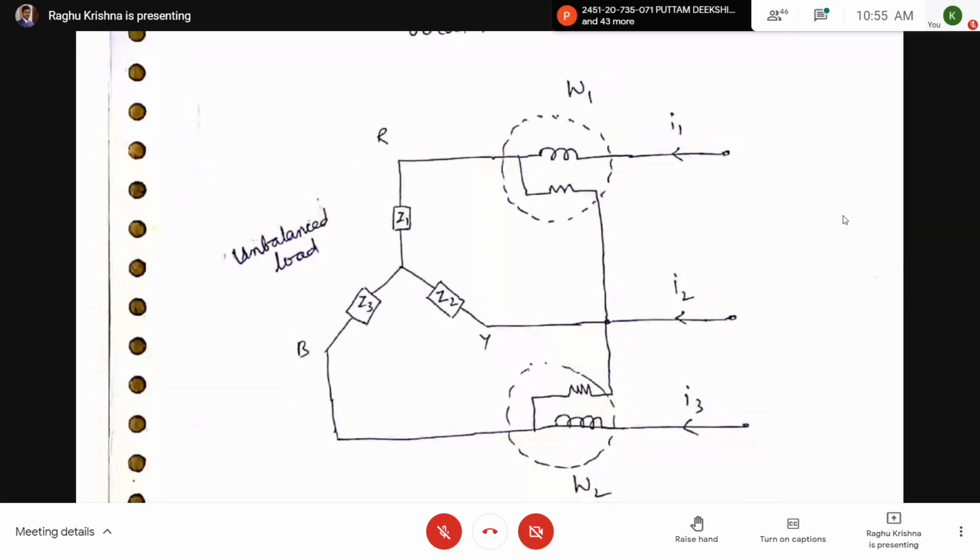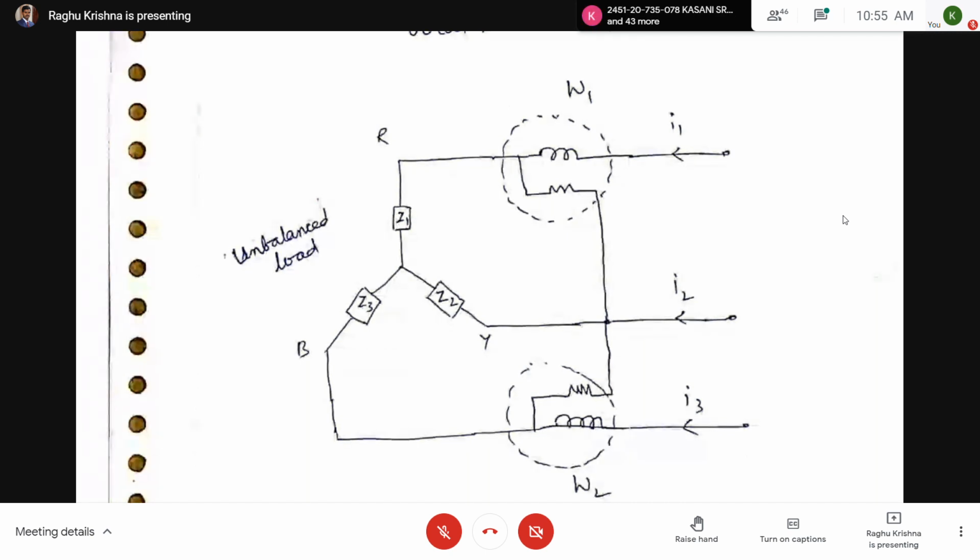Can you see a circle consisting of a coil and a resistance? That dotted circle contains 2 coils. One is the current coil, another is the voltage coil. The current coil is connected in series with the line, whereas the voltage coil is connected in parallel. Here the voltage coil is connected across the 2 lines.